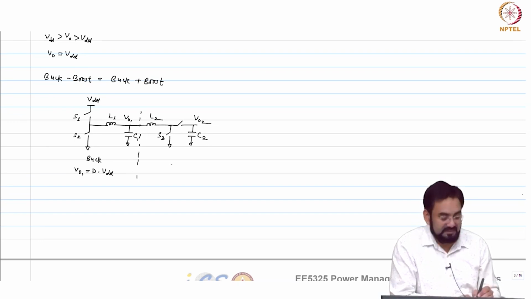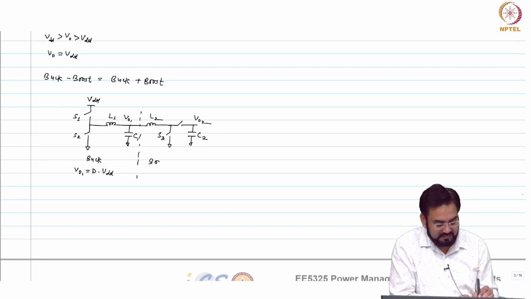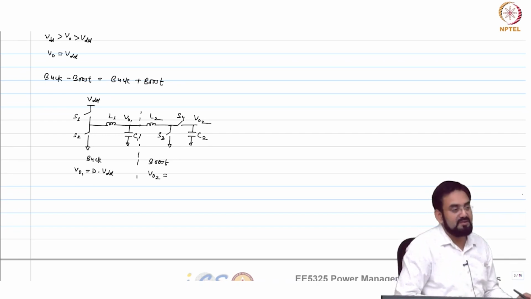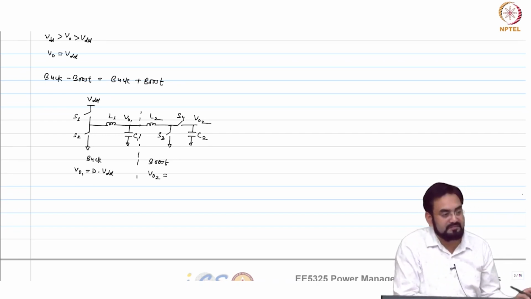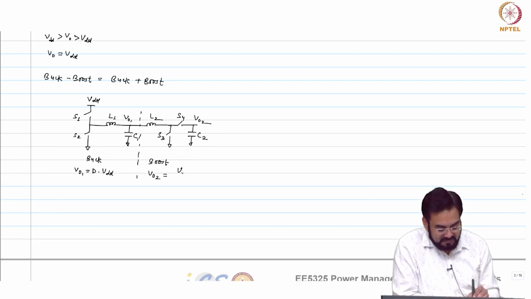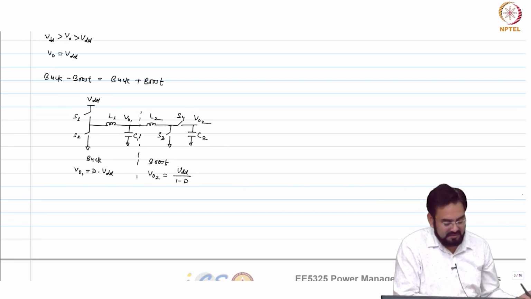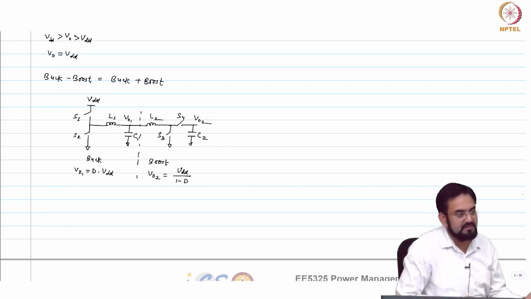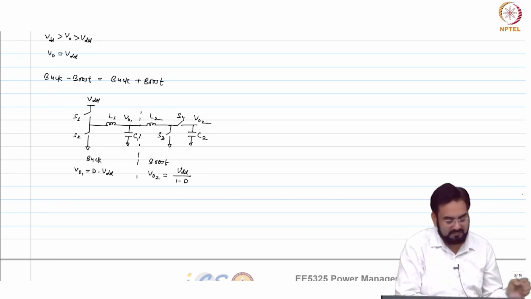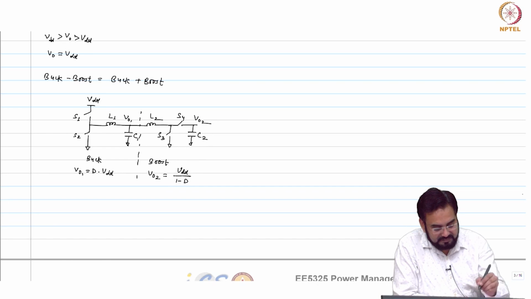What is this right hand side? Let's say I am operating with the same PWM where duty cycle is D. What will be VO2? 1 over 1 minus D times VO1.